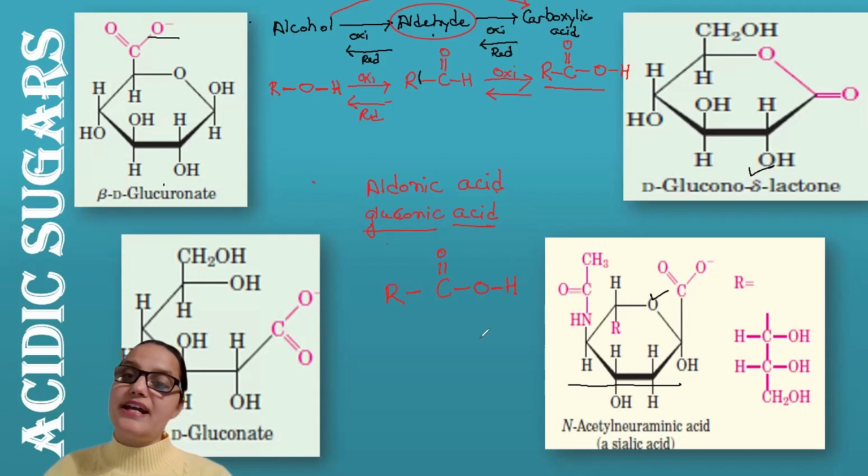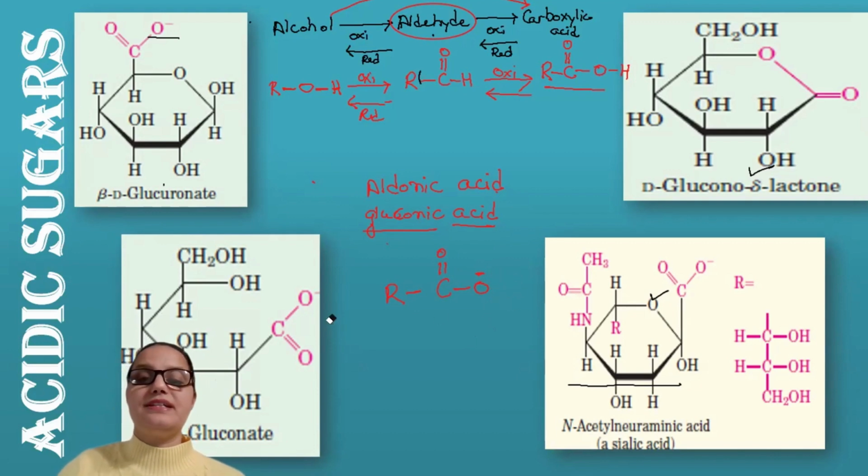But at the physiological pH of 7, this OH gets dissociated from this oxygen, again a heterolytic cleavage, so the oxygen gets the negative charge and the H positive gets removed from here.